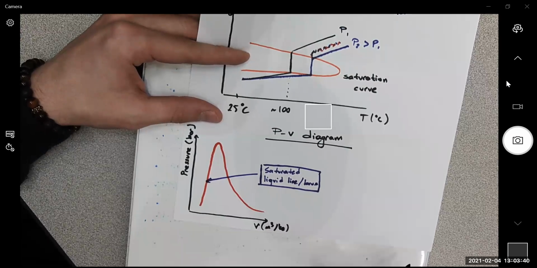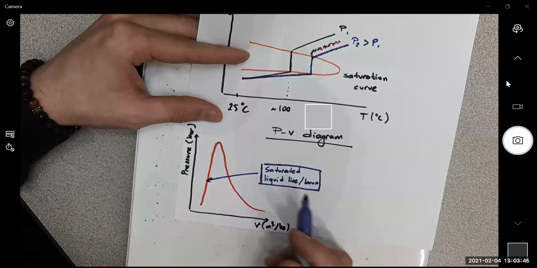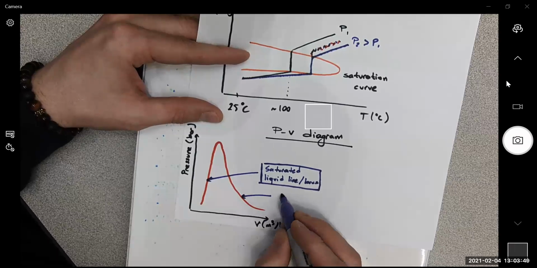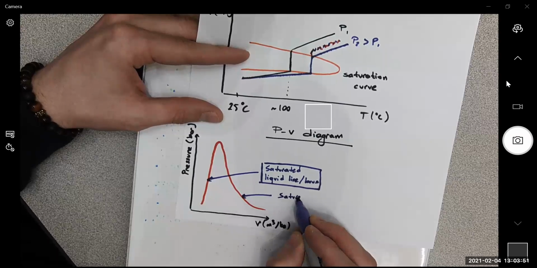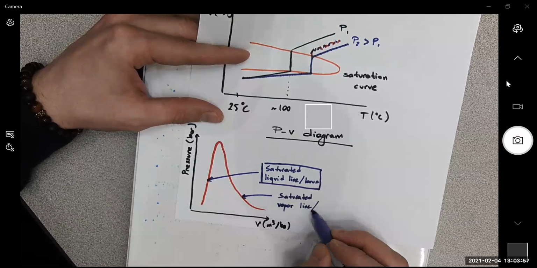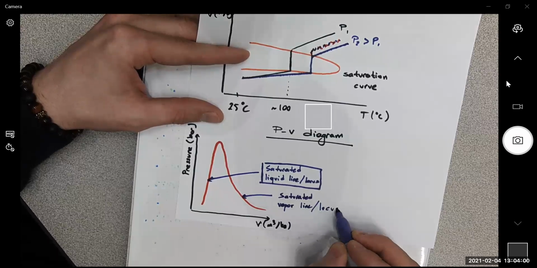Some books, some references use locus instead of a line. Okay. This is the saturated vapor line or locus.